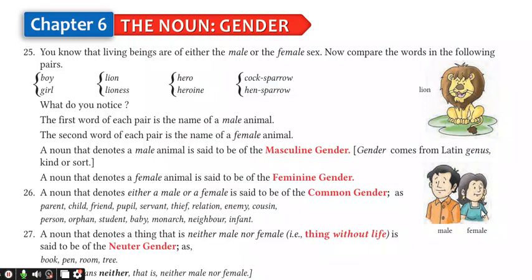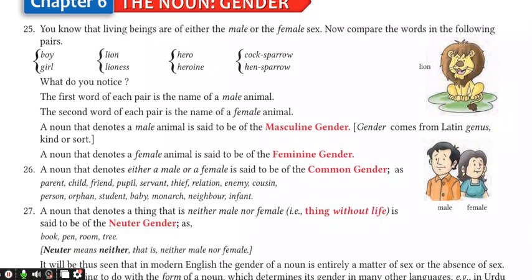Friend, pupil, servant, thief, relation, enemy, cousin, person, orphan, student, baby, monarch, neighbor, infant. These are all examples of common gender. Common gender can be used for both.